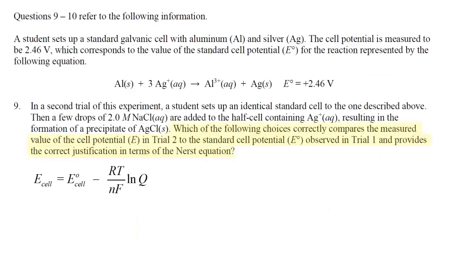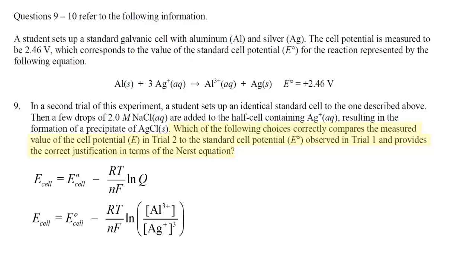We don't count solids in the Q or the K expression, so the Q expression for this reaction would be written as follows. We have products over reactants, so the concentration of the aluminum ion in the numerator, and the concentration of the silver ion cubed in the denominator.